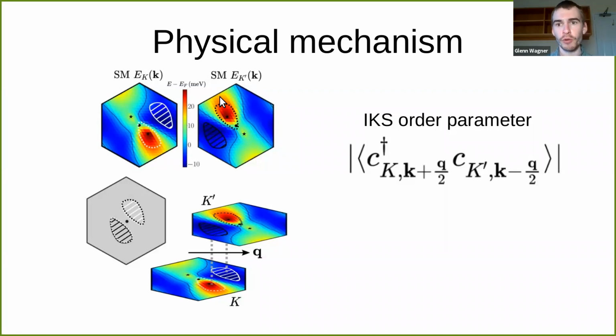Furthermore, if we want to form a coherent superposition of electrons in both valleys and maximize this inter-valley coherence, the best way to do so is by shifting one valley relative to the other by this momentum q, such that this low energy lobe in valley K is on top of the high energy lobe in valley K primed. In such a way that in this region of the Brillouin zone, the electrons are all in valley K, in this region, they're all in valley K primed, and in the rest of the Brillouin zone, they can form an inter-valley coherent order parameter.